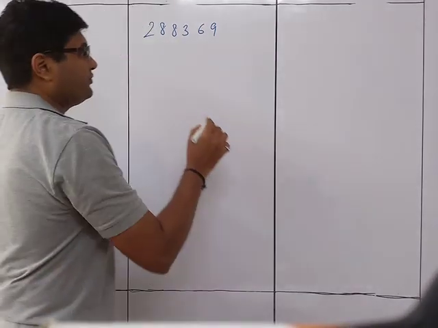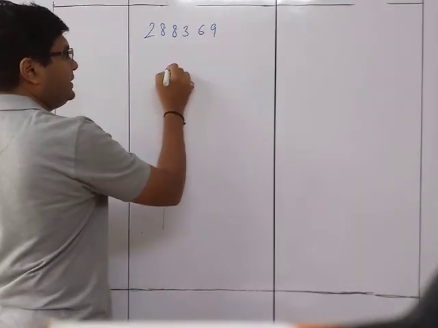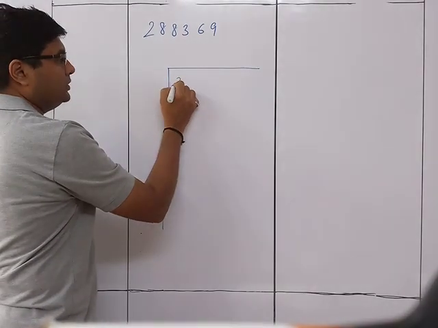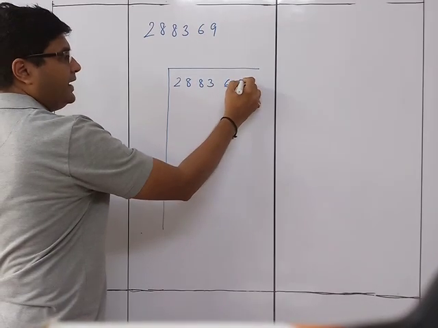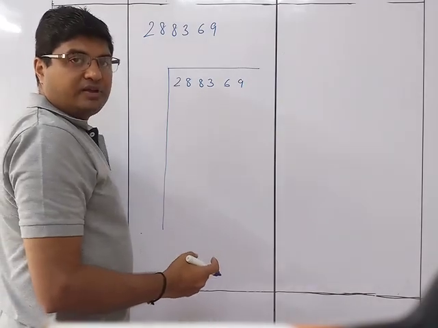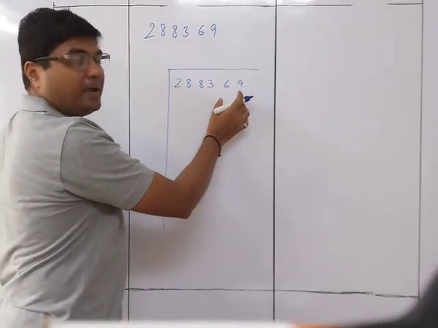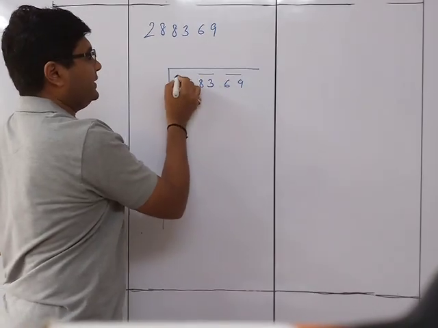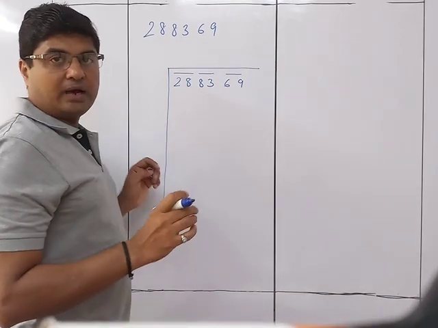First of all, I am going to write it in a framework like this, wherein I write this number, 288369. Then, starting from the right hand side, I am going to make pairs of the numbers. So from here this is one pair, this is the second pair, and this is the third pair. So we first divide the numbers in pairs.